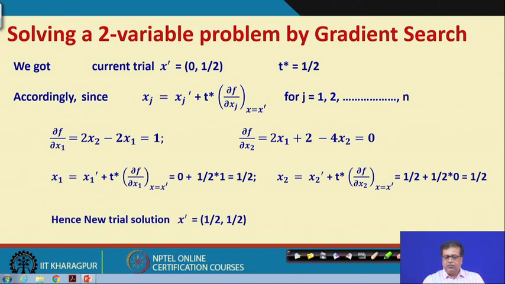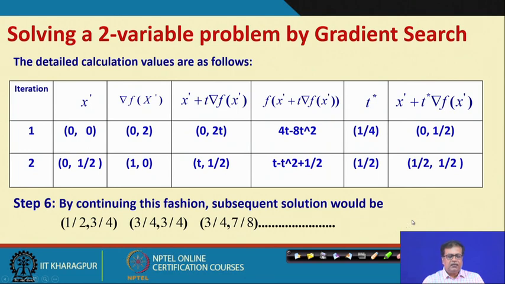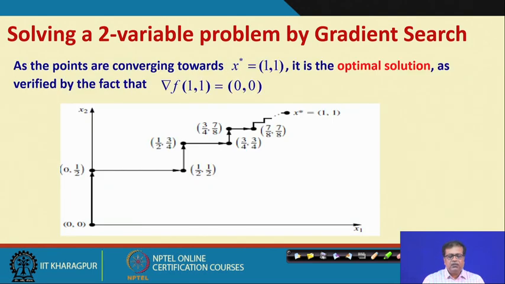All of these are tabulated here in the next table. Initially we started with 0 0, then we got 0 and half, then from 0 and half we move to half and half. If you continue in this fashion, we go to half and 3 by 4, 3 by 4 and 3 by 4, 3 by 4 and 7 by 8, etc. So, we go to all these points.